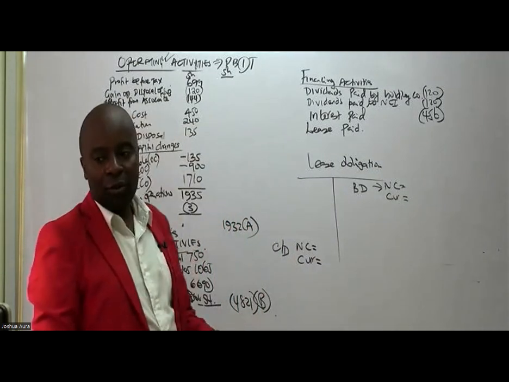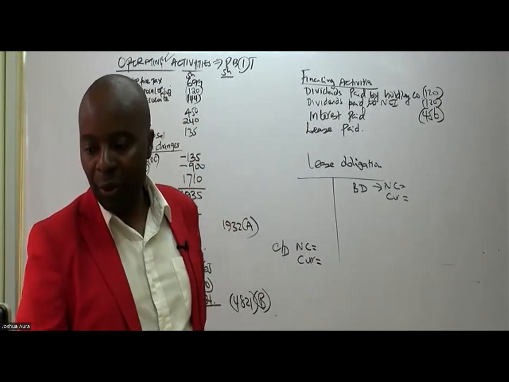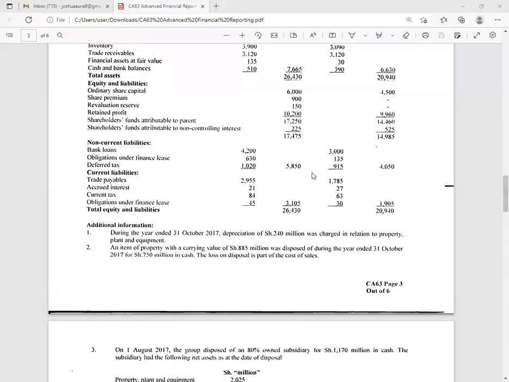Great. So for the lease obligation, non-current, are you able to see the figure? Lease obligation brought forward, for obligation under finance, I can see 135 and 30. So 135 here, and then we have 30 there.